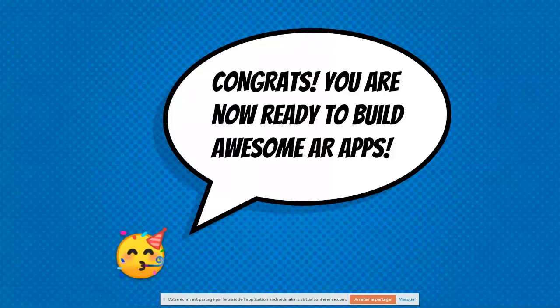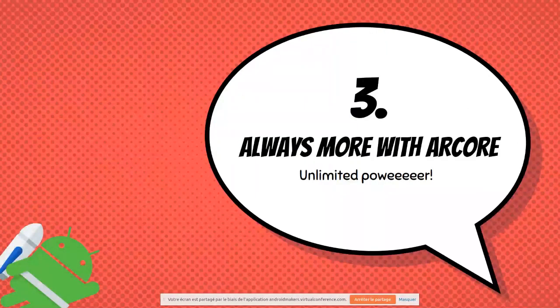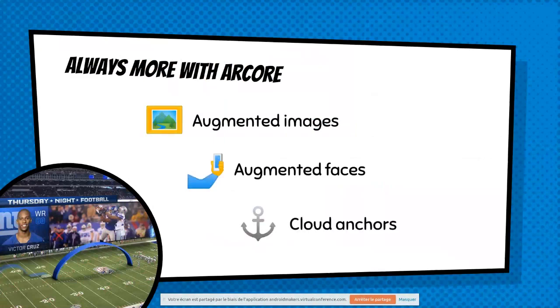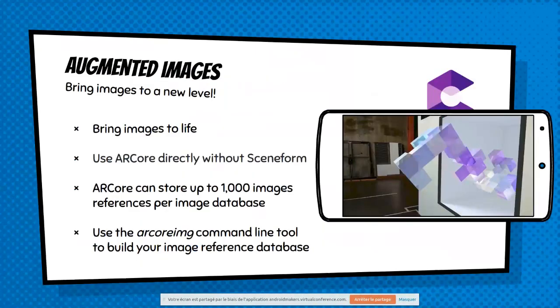But I want to talk a bit more about ARCore. With ARCore, there are also some very nice features: augmented images, augmented faces, and Cloud Anchors. Augmented images bring augmented reality to a classic image, and you can use it without Sceneform.